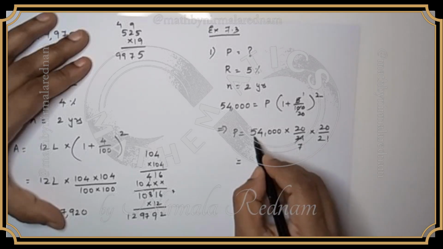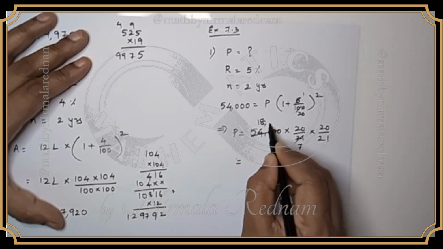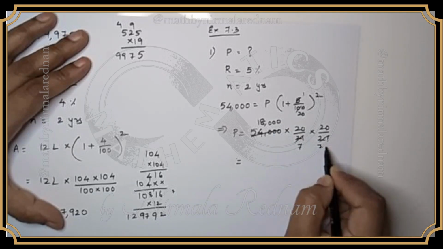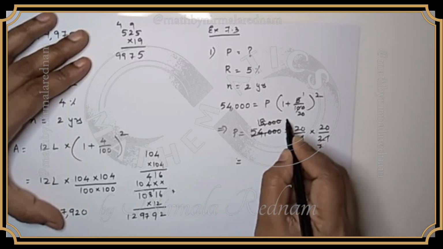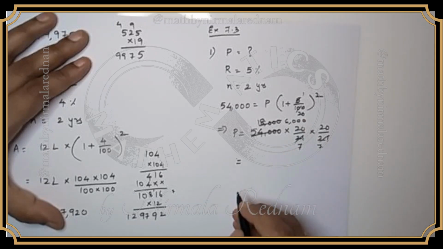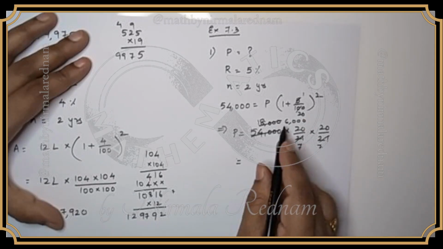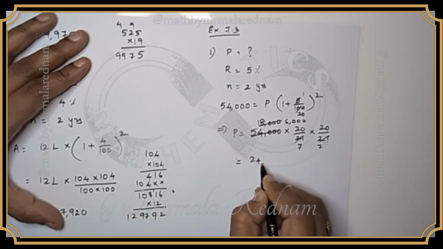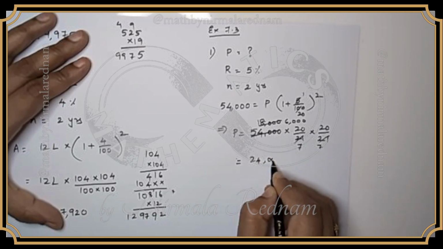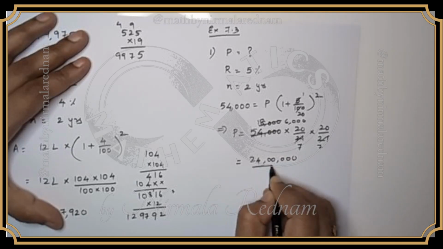So 3 sevens, 21, 3 sevens, 21 and 3 6s are 18, right? So now I have 6 fours 24, okay, followed by 5 zeros by 49.